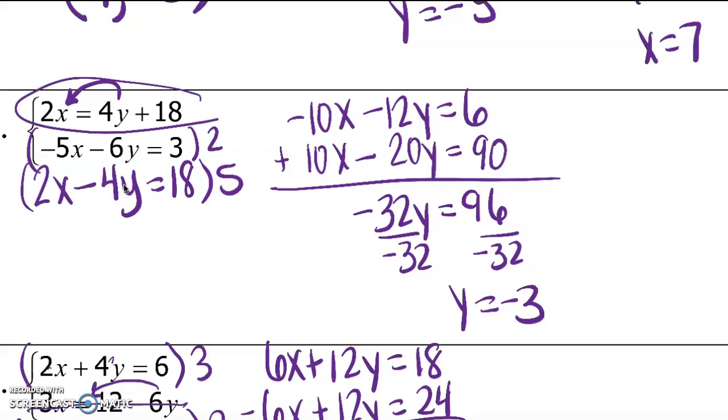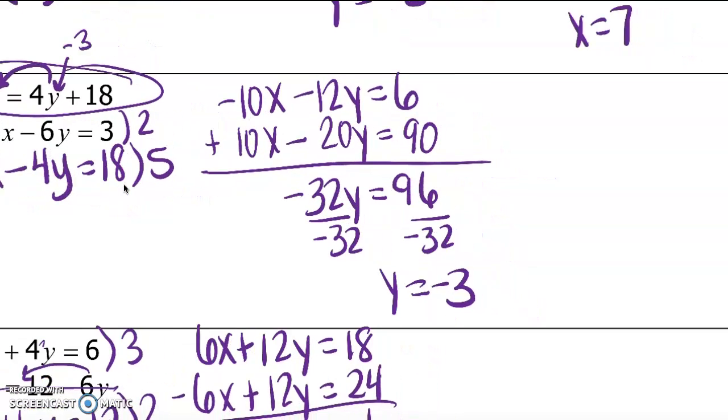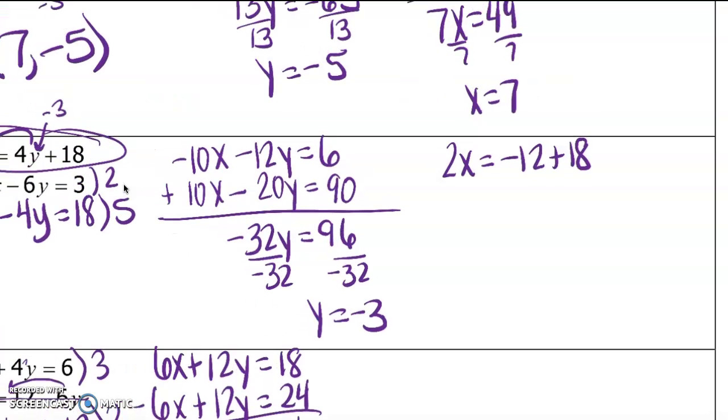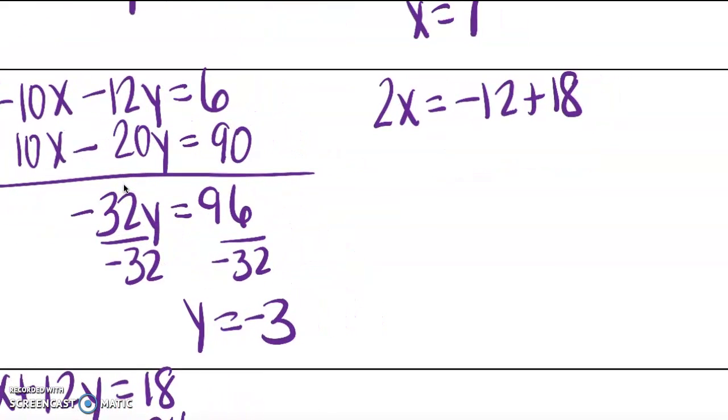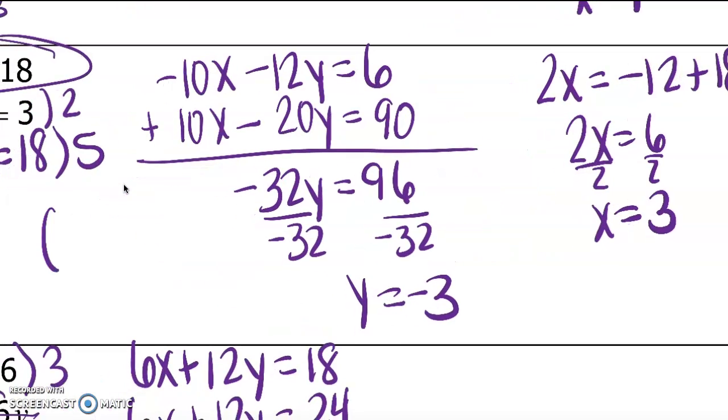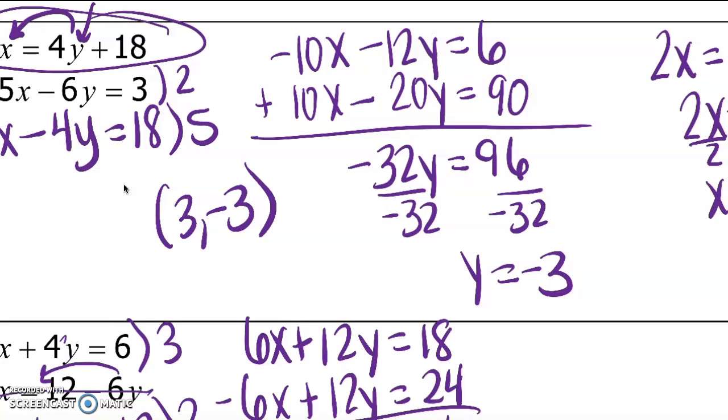I'm going to plug -3 into the top one for y. So that equation would say 2x equals -12 plus 18. And maybe you could do that part without writing it out. 2x is equal to 6. Divide, x equals +3. So our ordered pair is +3, -3. Make sure you write your x first.